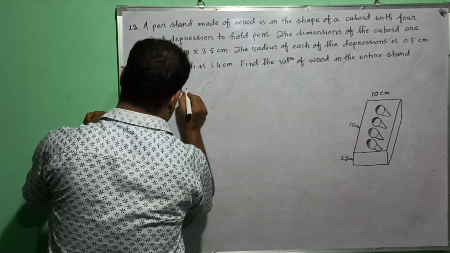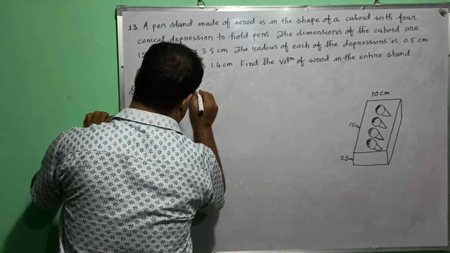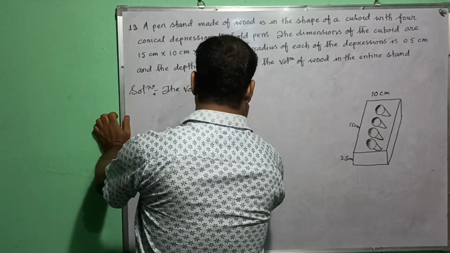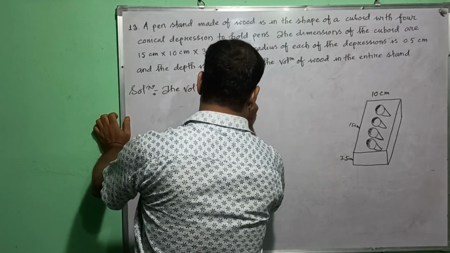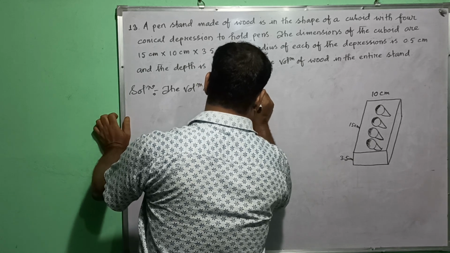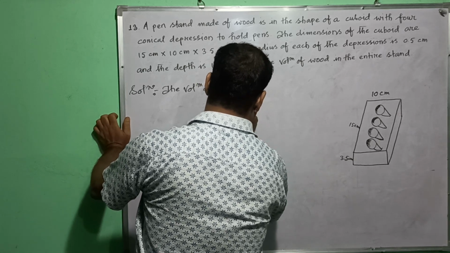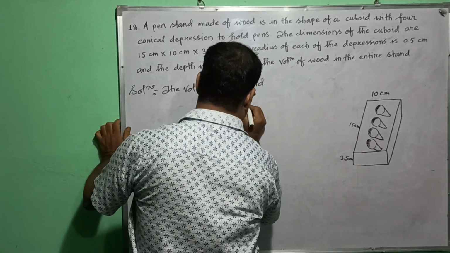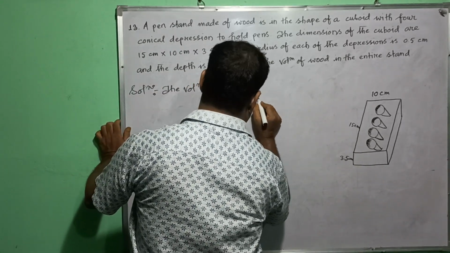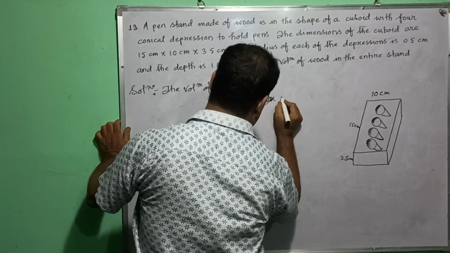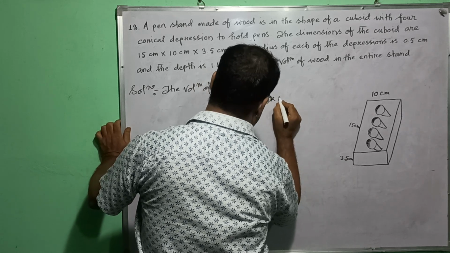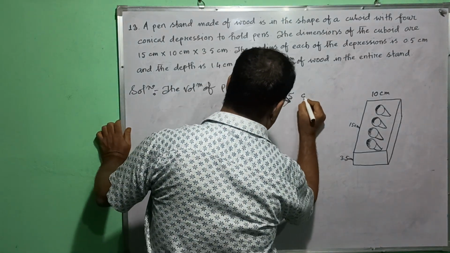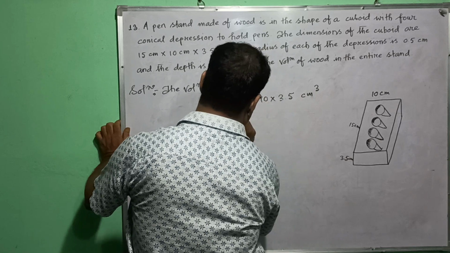The volume of the pen stand equals, we will just multiply 15 into 10 into 3.5 cubic centimeter.